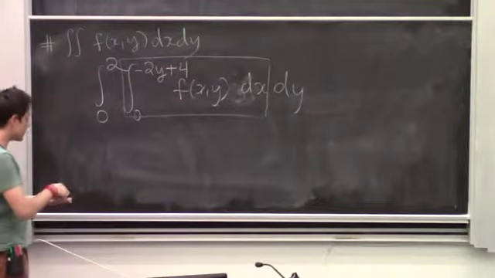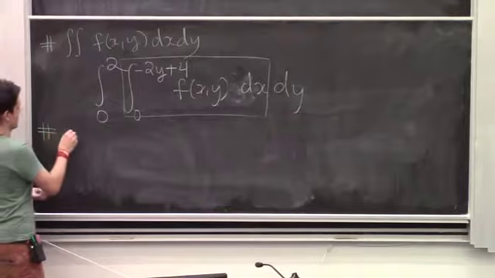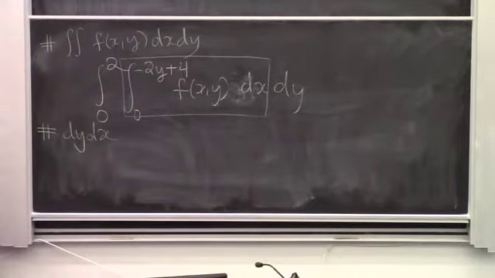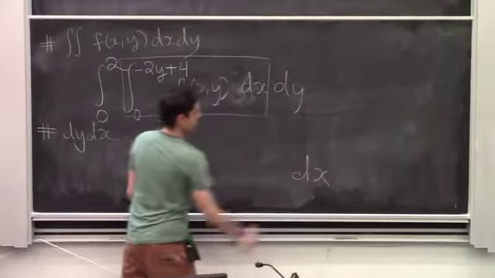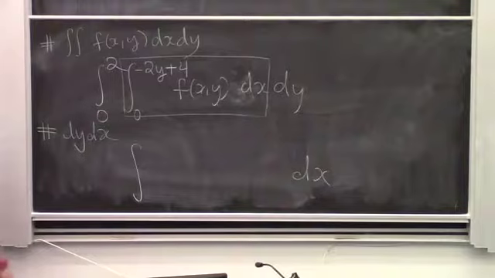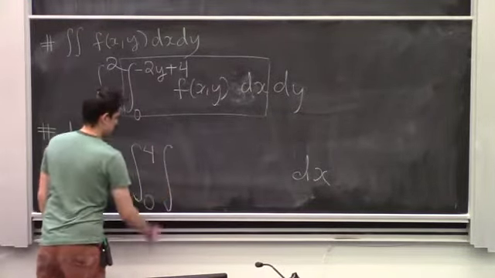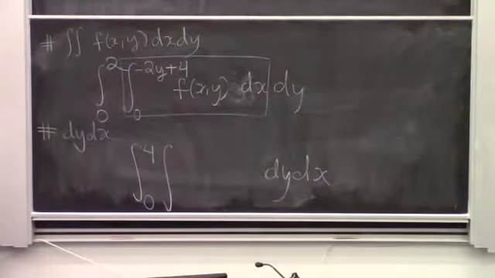Okay, so now let's go in the opposite order. Okay, so in the opposite order, we start off with our bounds for x. So x will run from 0 to 4. And now we put in our bounds for y.